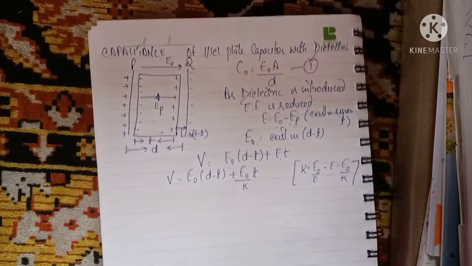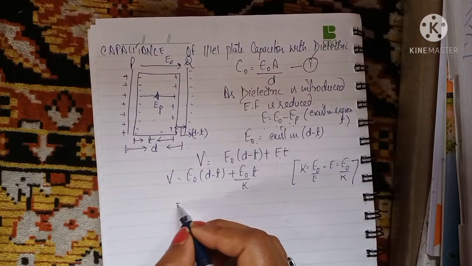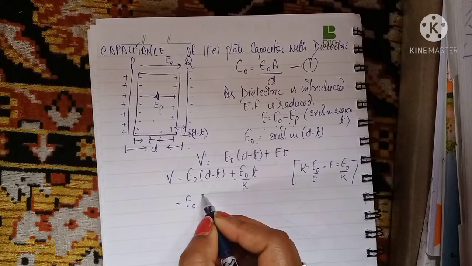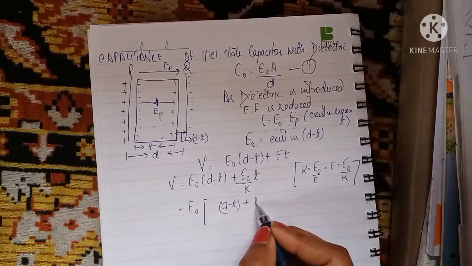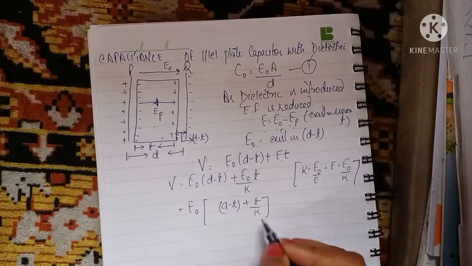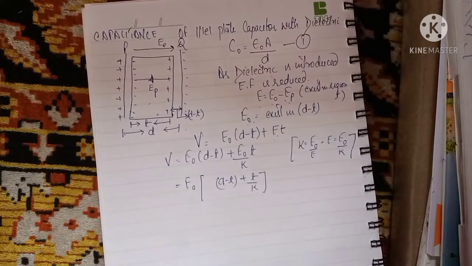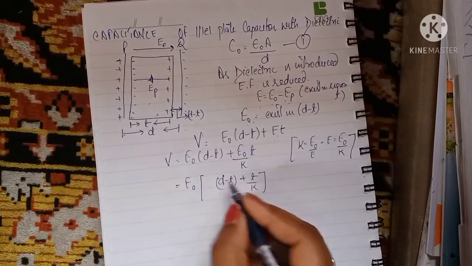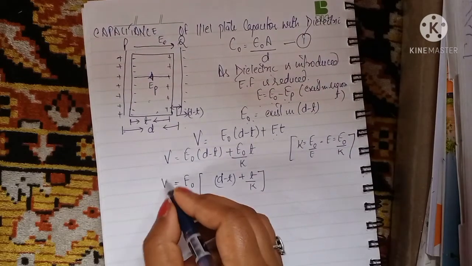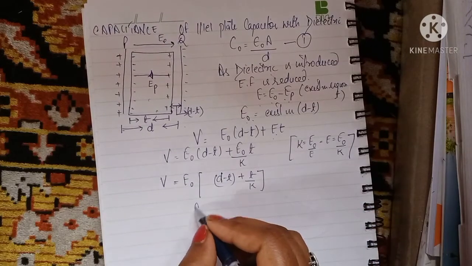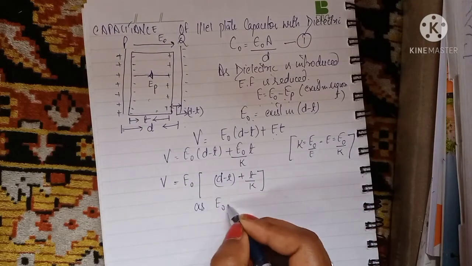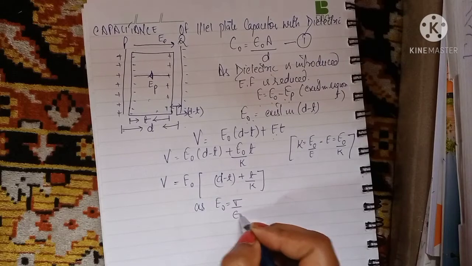Now what you are doing, you will just take out the common things outside. So we have D minus T inside plus T by K. What are we left with? We are left with this. Now this is V upon E naught. As we know, E naught will be equal to sigma over epsilon naught.